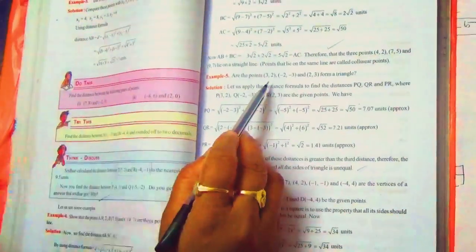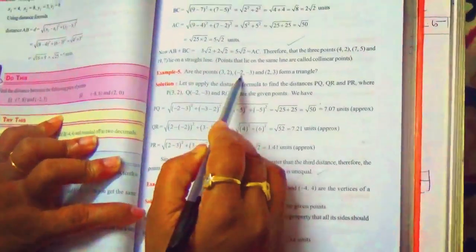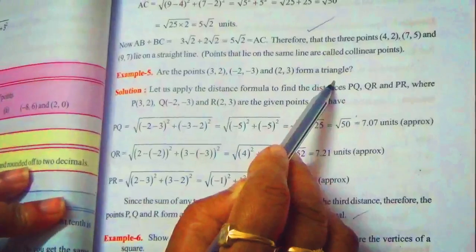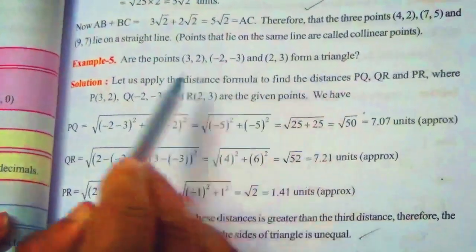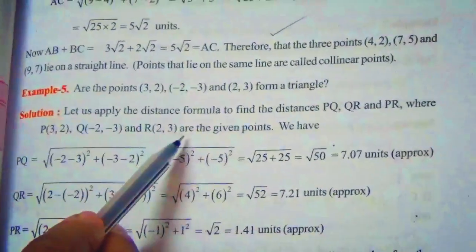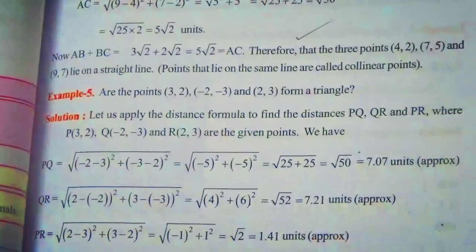Now look at here. Example 5. Do the points 3 comma 2, minus 2 comma minus 3 and 2 comma 3 form a triangle? If these three points are collinear, then the points will not form a triangle.